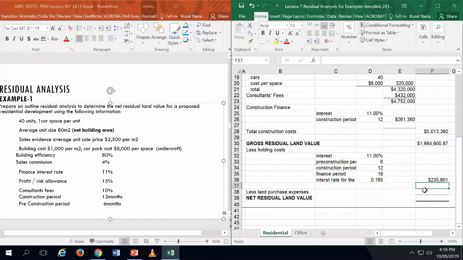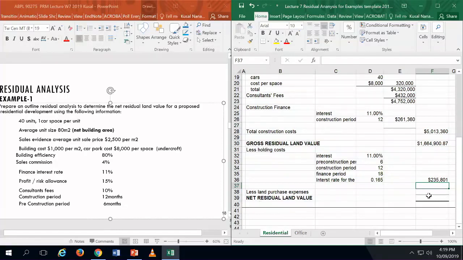We don't know the land value plus land related expenses. We know the end value. What was the last one? Yeah, that one. Land holding cost. Gross residual land value. Listen.